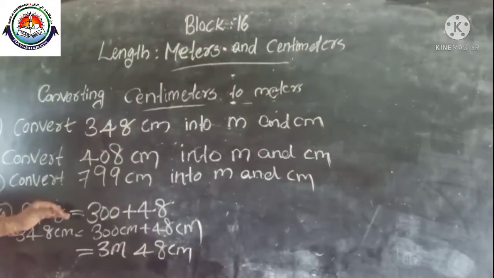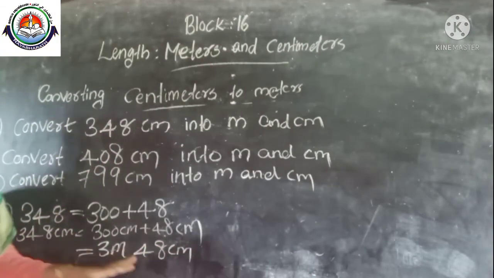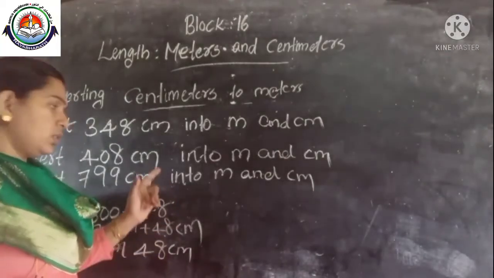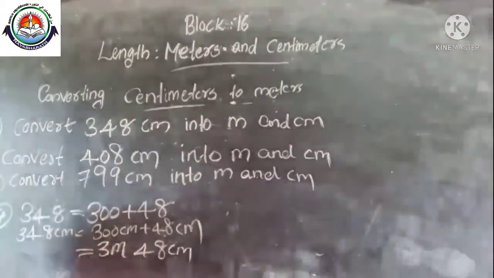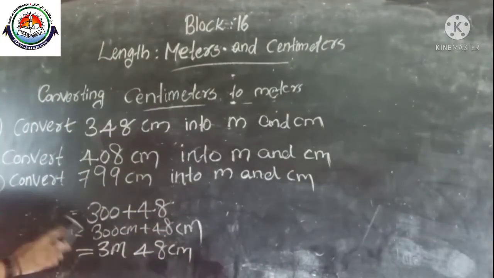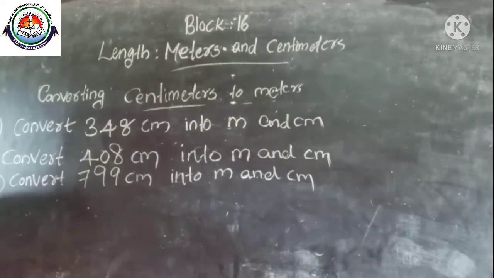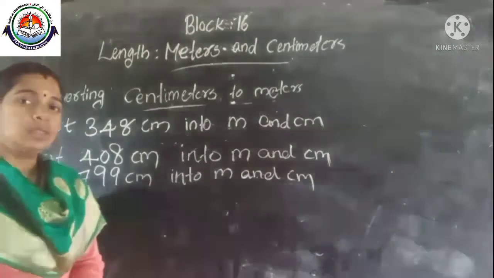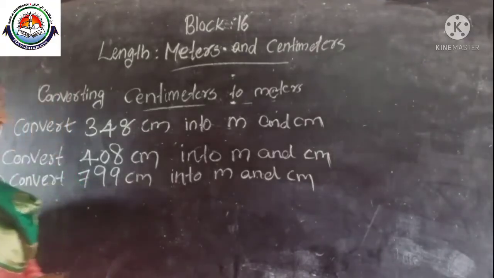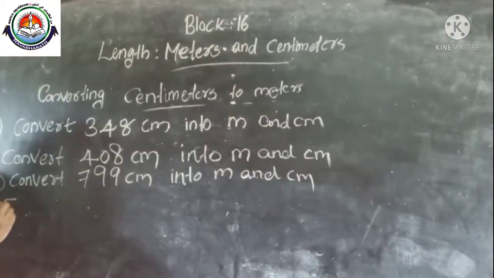So 348 centimeter we can write as 3 meter and 48 centimeter. You can do the remaining two problems on your own. After doing, check your answer here. Okay, finished?